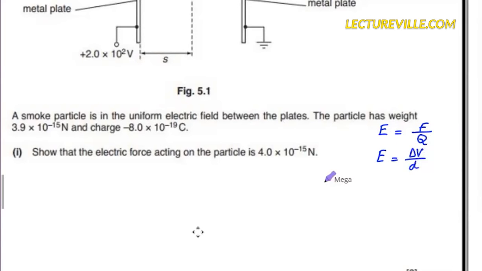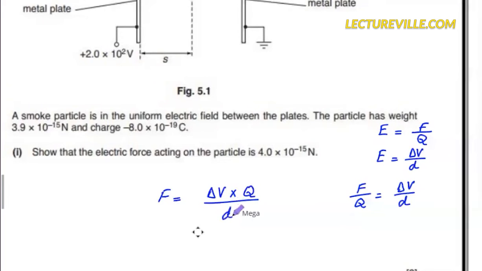So that means force over charge is equal to potential difference over distance. So force will be potential difference multiplied by charge divided by d.